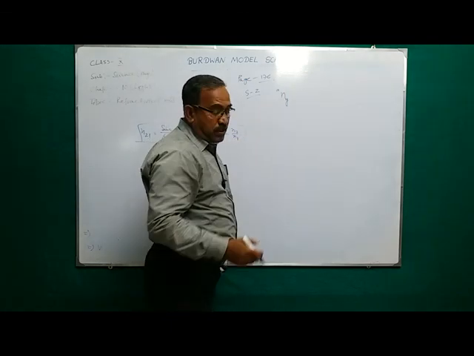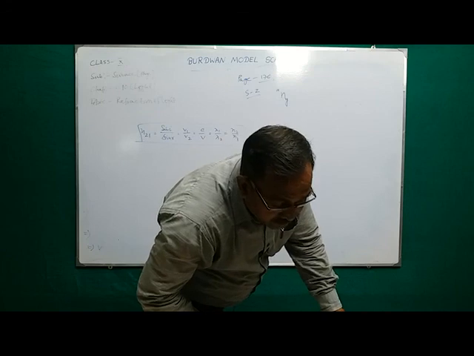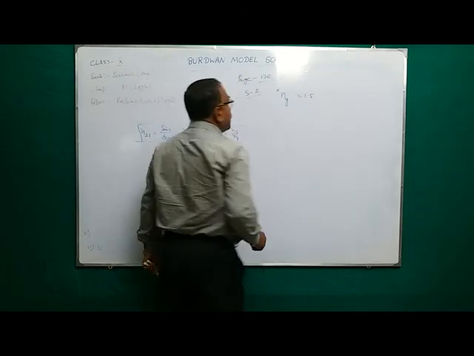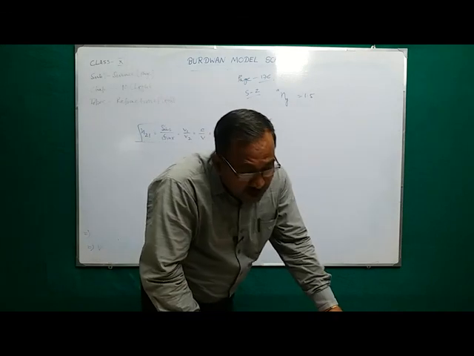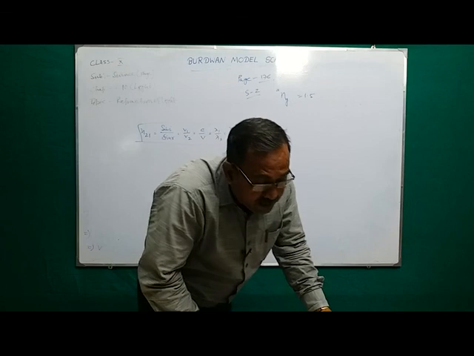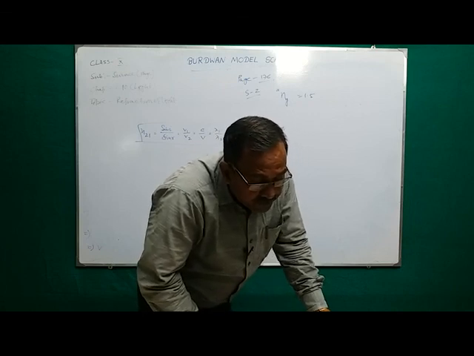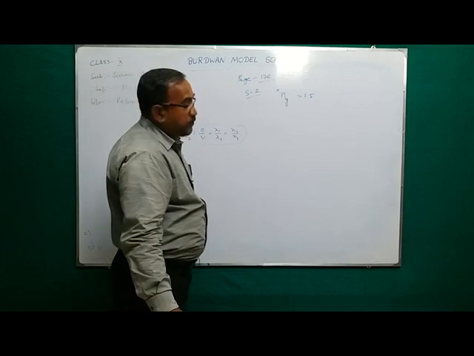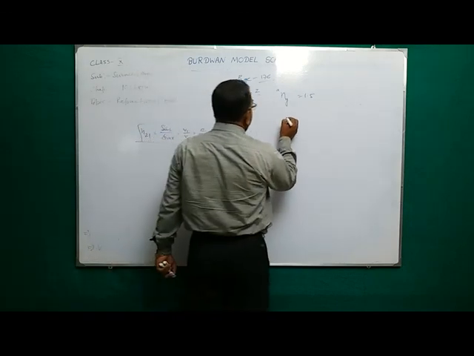Okay, refractive index of glass with respect to air is 1.5. What is the speed of light in glass when the speed of light in vacuum is this? Speed of light in vacuum.